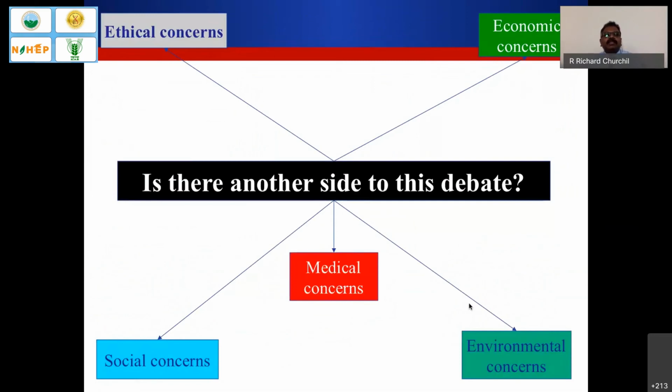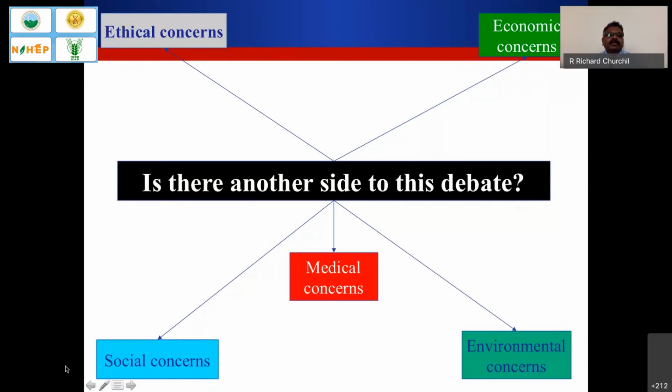There are many concerns which have to be addressed: ethical, social, medical, environmental and economic concerns. Ethical concerns: whether it is ethical to make a transgenic animal. Economic concerns: the methods are costly, involving a lot of money and infrastructure, and whether we have to go for that.